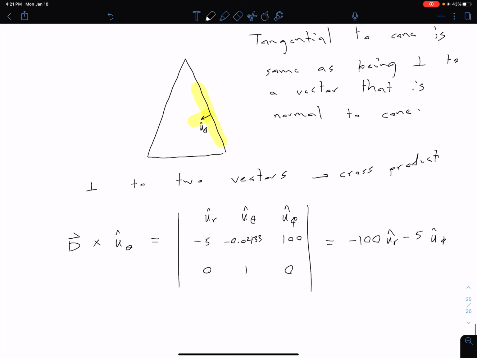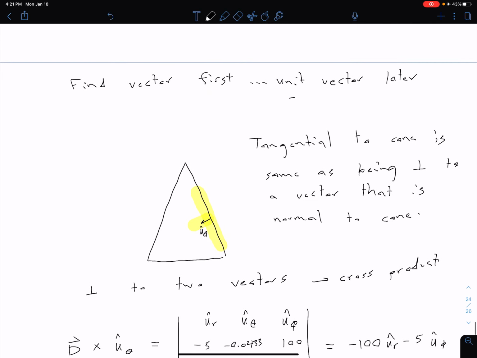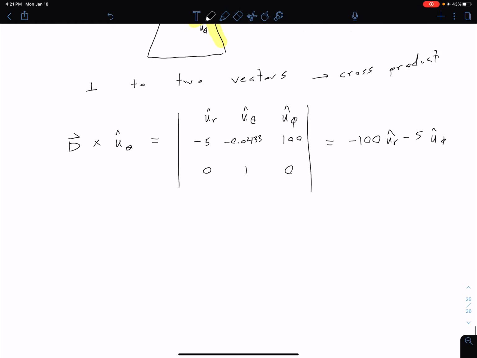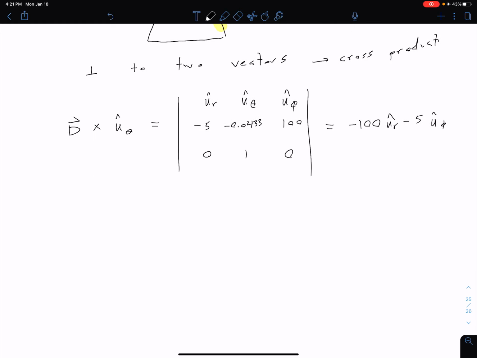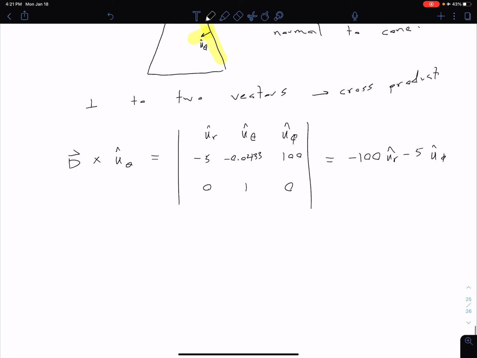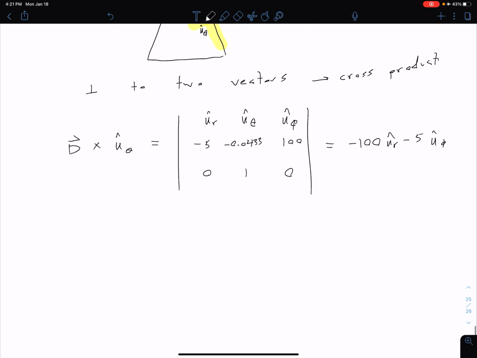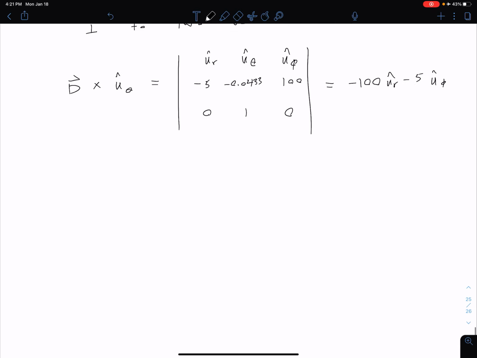Now we want to go back and say, we wanted a unit vector, so let's convert this vector, which is perpendicular to our D and tangential to our cone surface, to a unit vector. To do that, our unit vector is equal to the vector itself divided by the vector's magnitude. So we have -100 in our r direction, -5 in our phi direction, divided by the magnitude, which is just the square root of the sum of the squares.